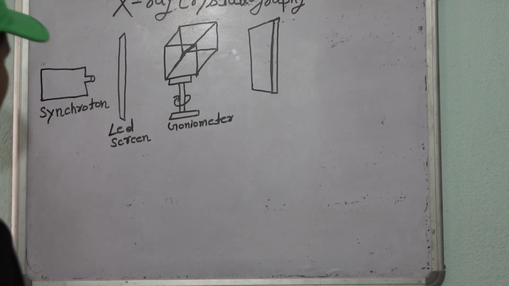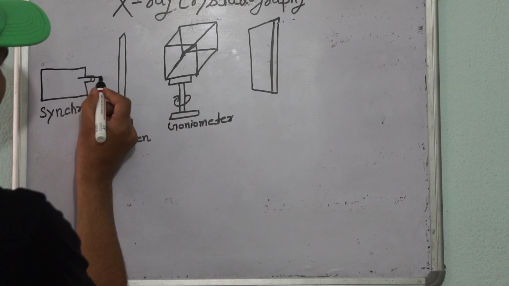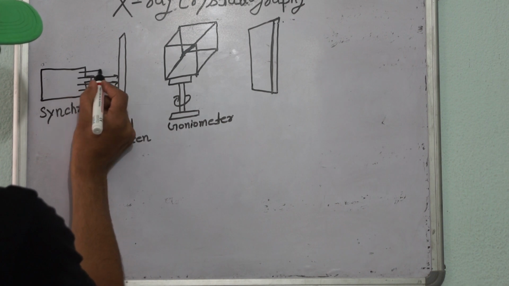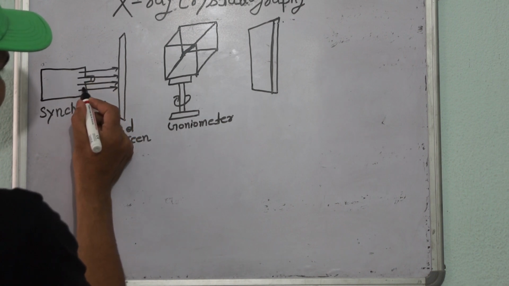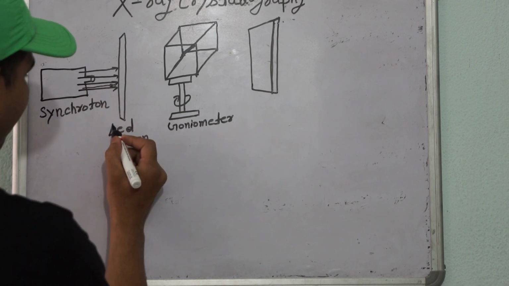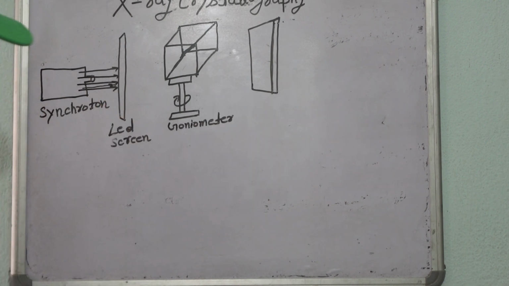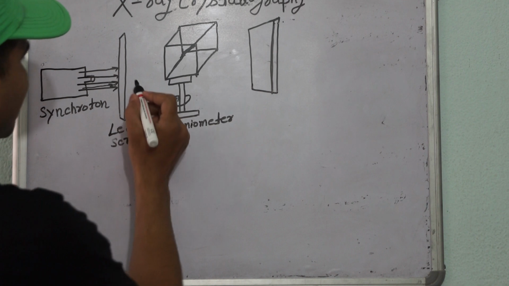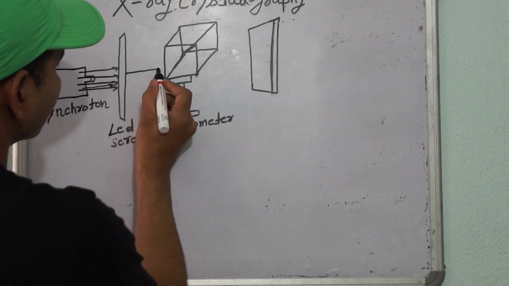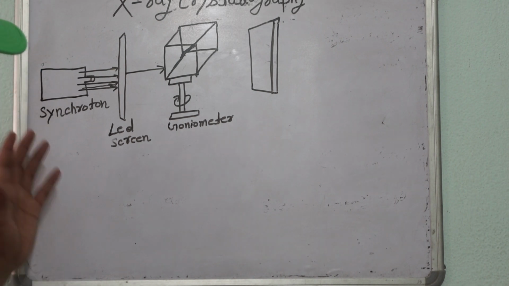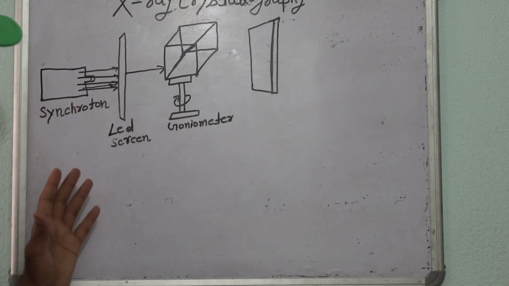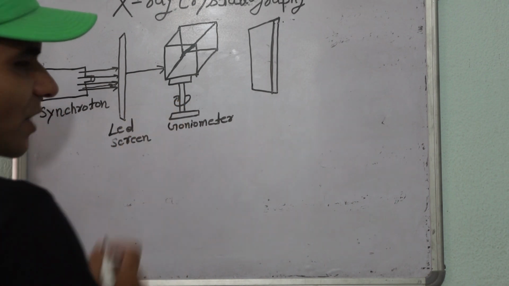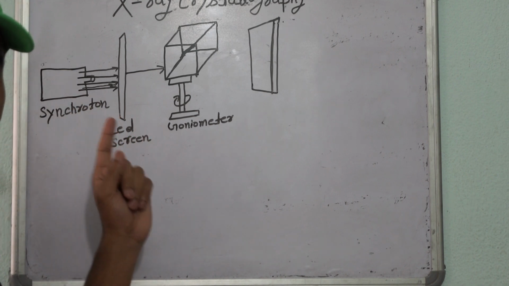Therefore, a lot of X-ray beams will come out from the synchrotron and fall on the lead screen. But the lead screen will allow only a single beam of X-ray to pass.